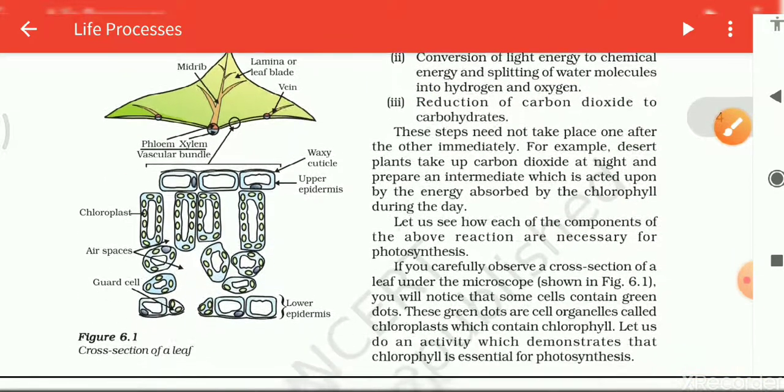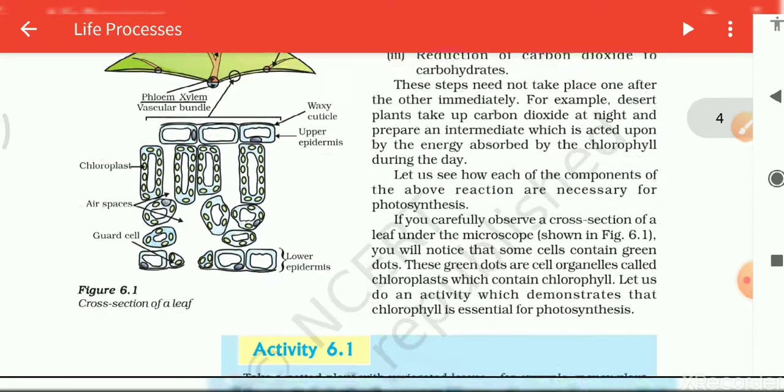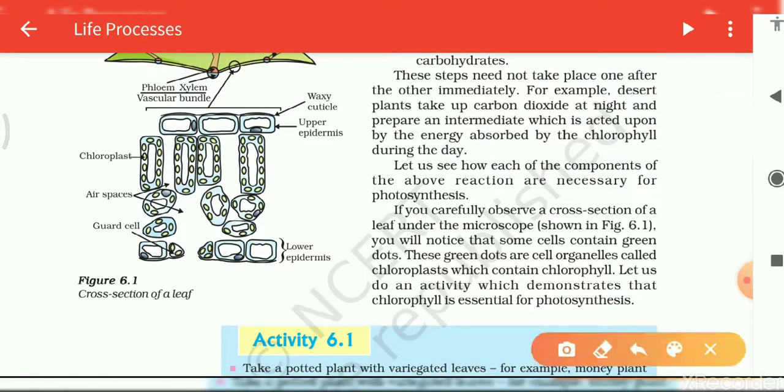Now let's move to another paragraph here. Now see here, these steps need not take place one after the other immediately. For example, it's not necessary that all these steps take place in every plant. Okay, then you will see the example given here.